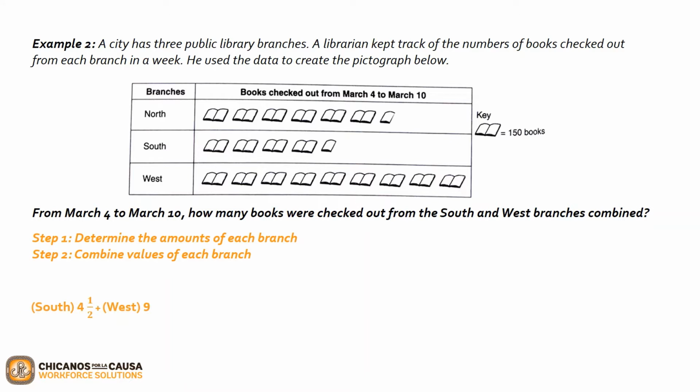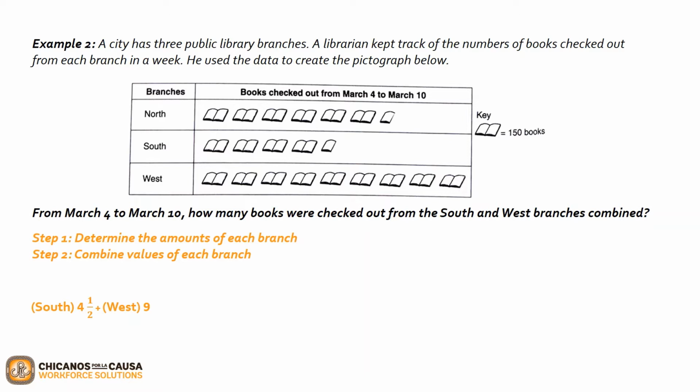So, in order to take pictographs and turn them into data, we're going to use this first to determine how many books we have for each. So let's just count the book images as a single book. Let's put that 150 books key to the side. At South, I mentioned that we have 4.5 books, and at West, we have 9.